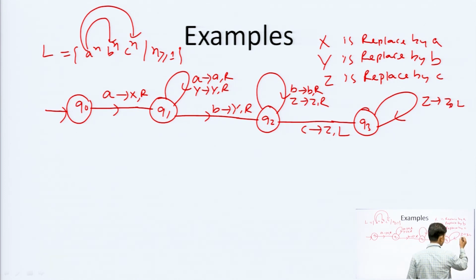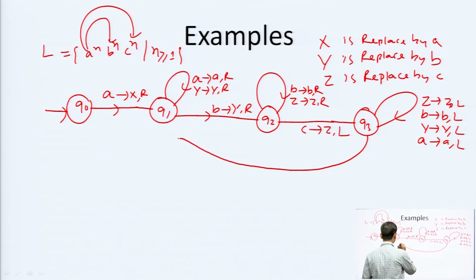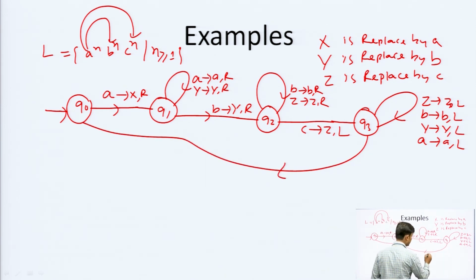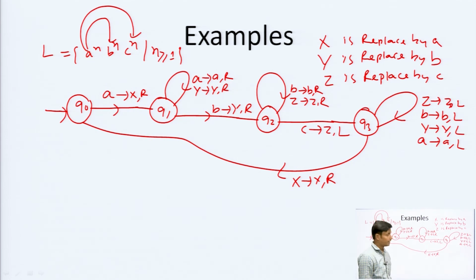Then you will find b left, then y left, then a left. When x is there, then x R. So this is the way you can design a to the power n, b to the power n, c to the power n.